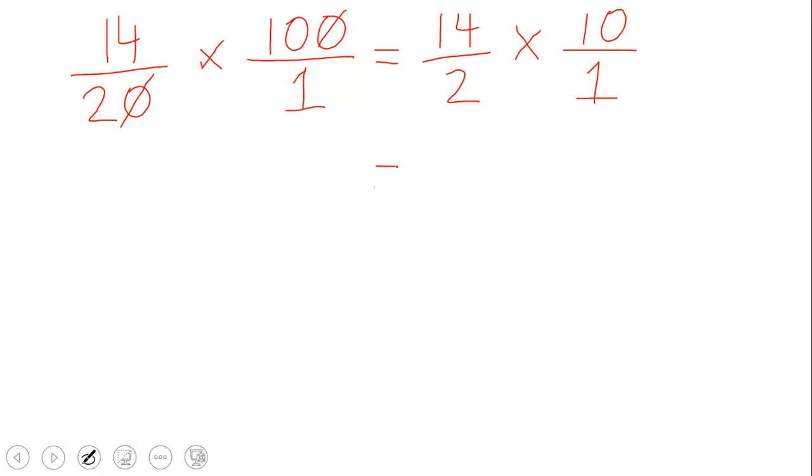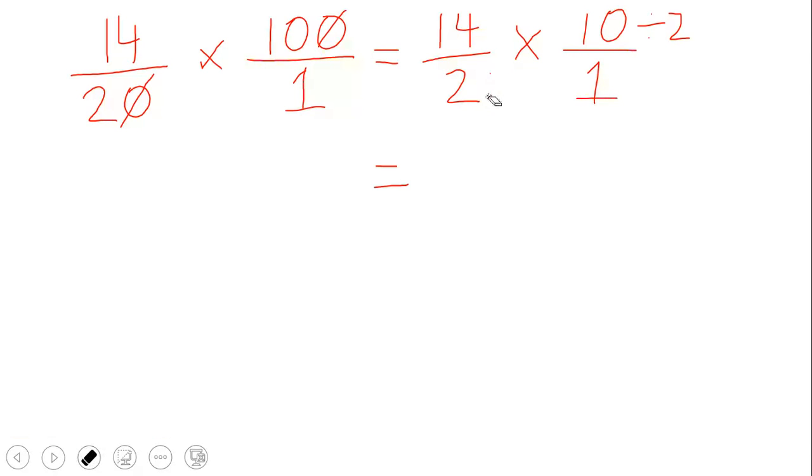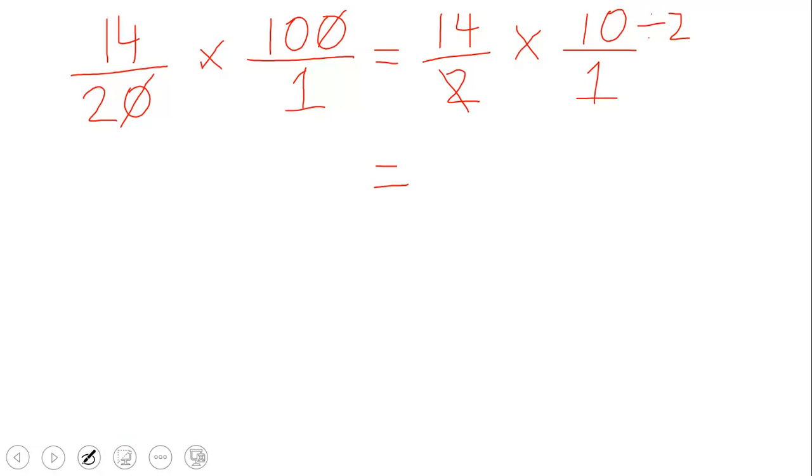The next thing we're going to do is divide this number 2 by 2, and divide this number 10 by 2. So 2 divided by 2 equals what? And 10 divided by 2 equals what? Indeed, 2 divided by 2 is 1.